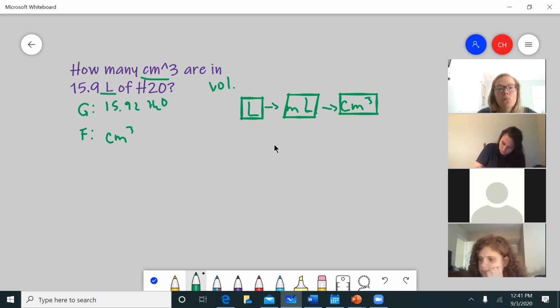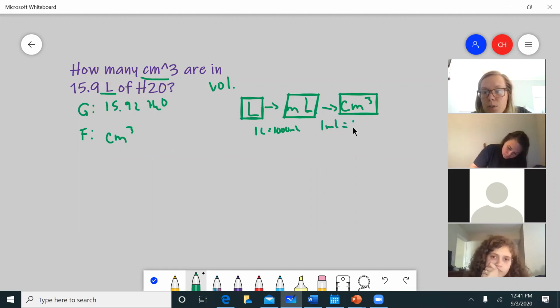The relationship between liters and milliliters: 1 liter is equal to 1,000 milliliters. If you wanted to use King Henry Died and hop, you can hop as well. And between milliliters and centimeters cubed, 1 milliliter is equal to 1 centimeter cubed. That's a direct relationship.